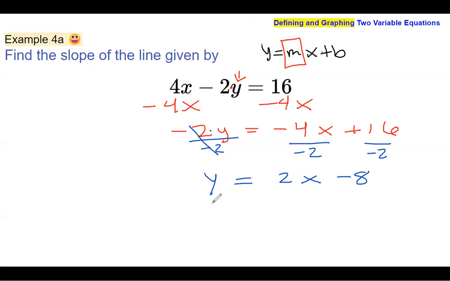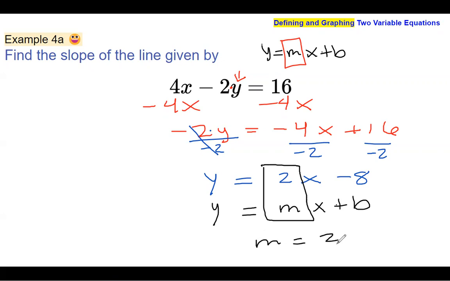Now that I've rewritten it in this form, I can easily identify my slope. What is my slope? Not 2x, just the coefficient of x, which is 2, or 2/1 once we graph. X is not part of the slope, it's just the variable that accompanies it. That tells us how many times we multiply the slope.